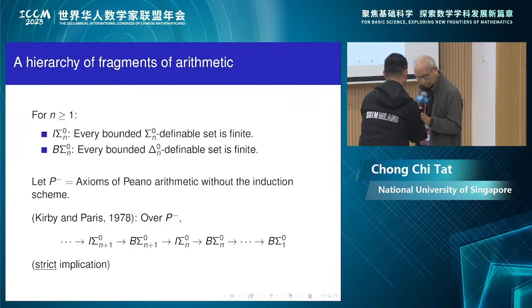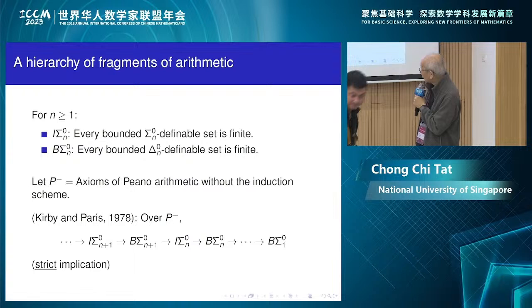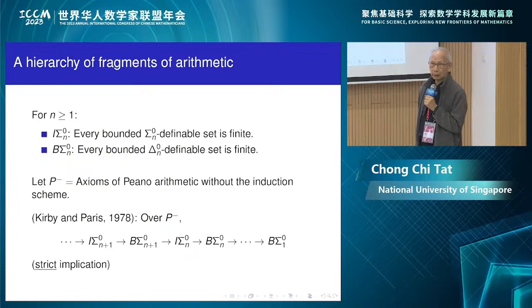Sorry, strictly implies B sigma n and all the way until B sigma 1. Okay. When we say that this strictly implies, it means that when you look at fragments of Peano arithmetic, there are models of one which are not models of the other.